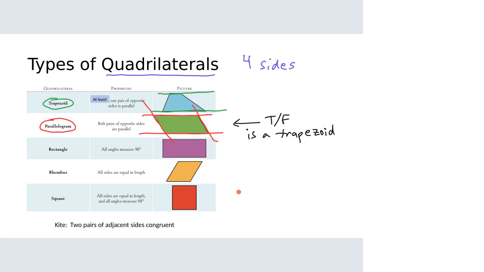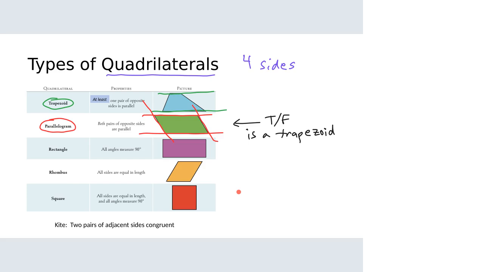And I don't need you to overthink this. We're just talking about it for right now. So this is a new idea, and the idea that the relationships between different polygons are going to be true-false questions could be a new idea for you. So with that in mind, just give this one a shot.